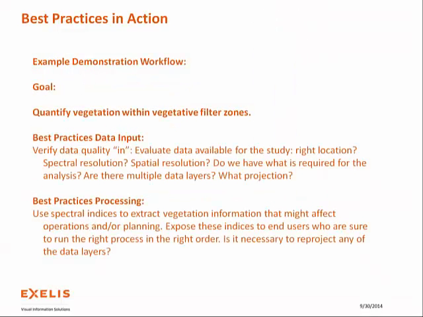What we're going to do today is put these best practices into action, first beginning at the end, where the goal is to achieve a map showing a vegetative filter zone. These filter zones are areas in between an operation and a waterway. In this particular example, there are some streams.